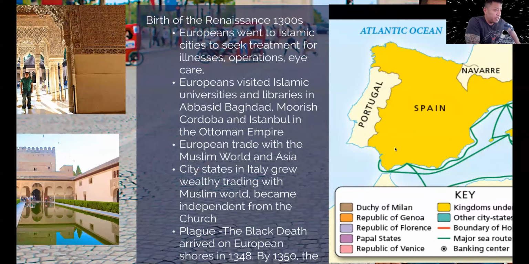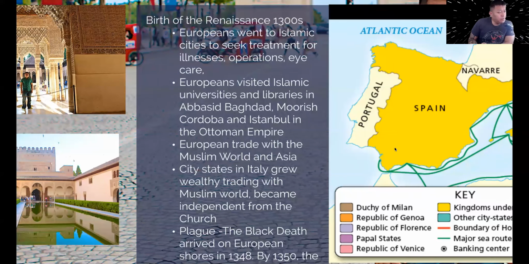A lot of European merchants traded with merchants in the Islamic world. And trade with the Islamic world, as well as China, for example on the Silk Road, was very lucrative.